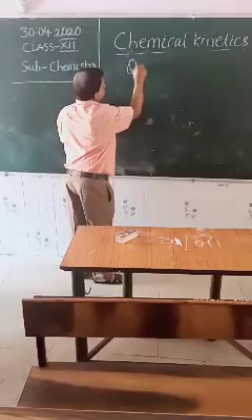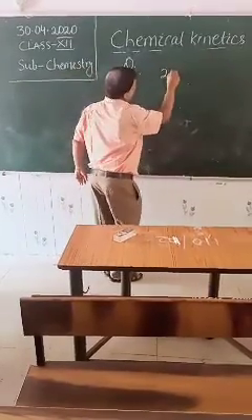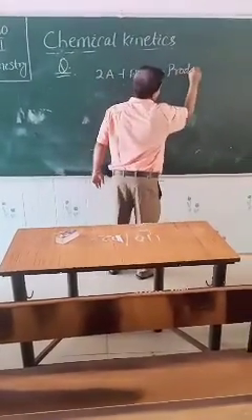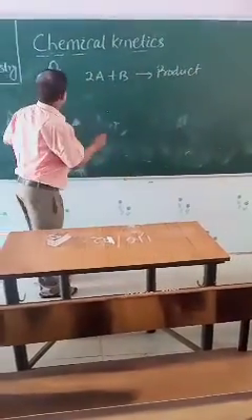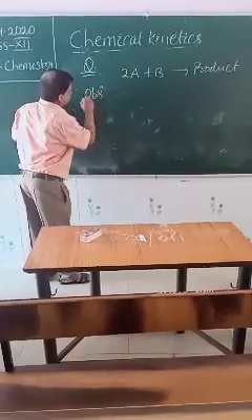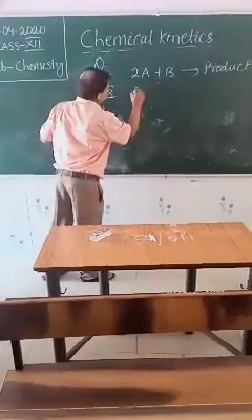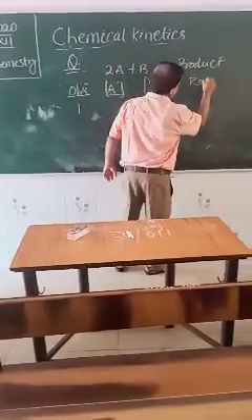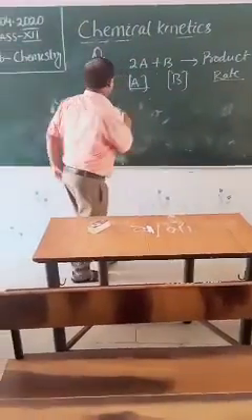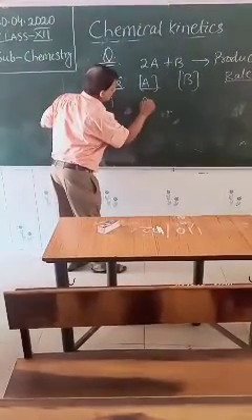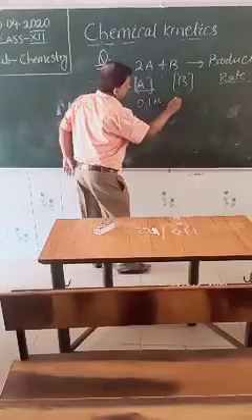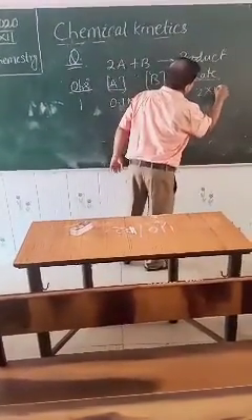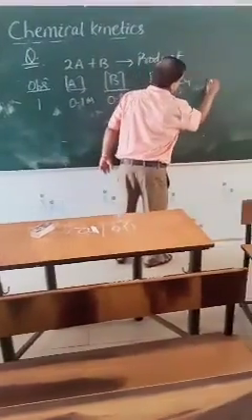So one question is: 2A plus B gives product, and the observations are concentration of A, concentration of B and rate. Observation 1: A is 0.1 M, B is 0.1 M, rate is 2 into 10 to the power minus 4 mole per liter per second.